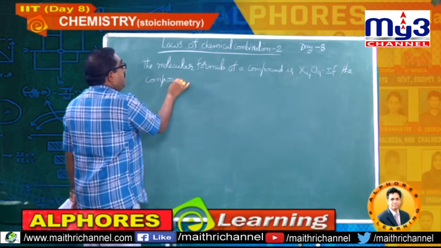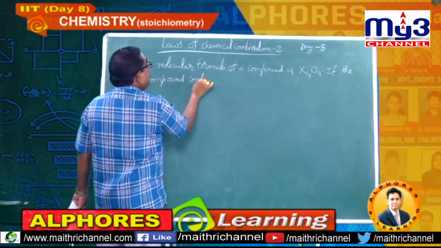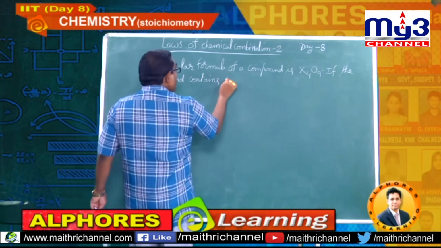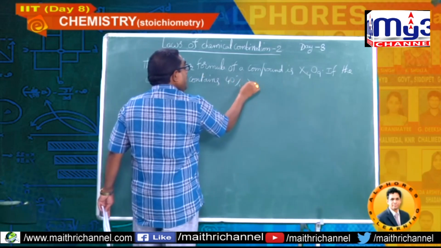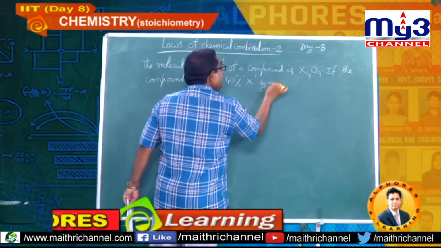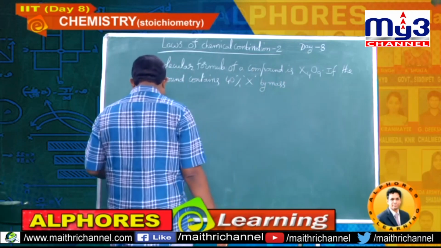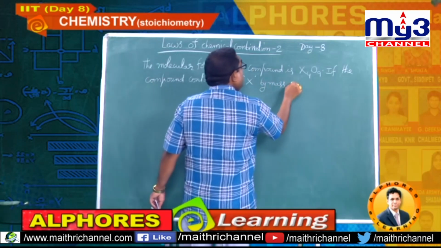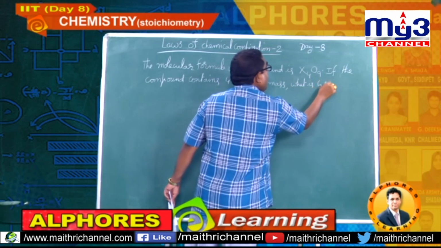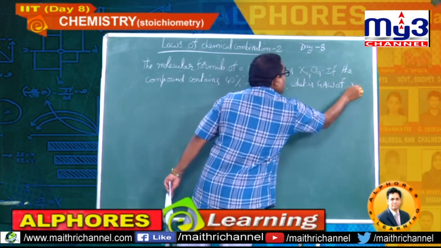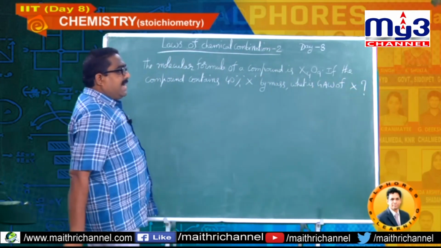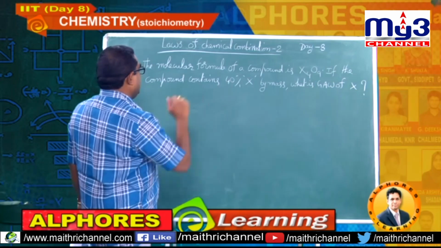If the compound contains 40% X by mass, what is the atomic weight of element X?